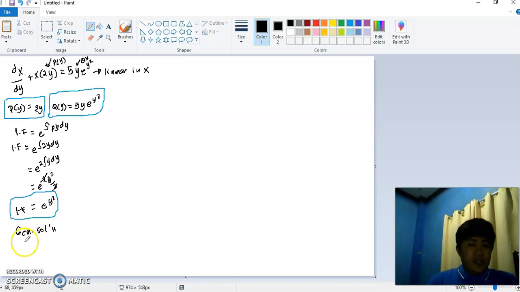So if it is linear in x, it's simply x times integrating factor equals the integral of q of y times integrating factor dy plus c.